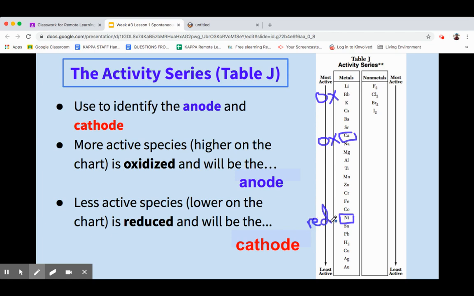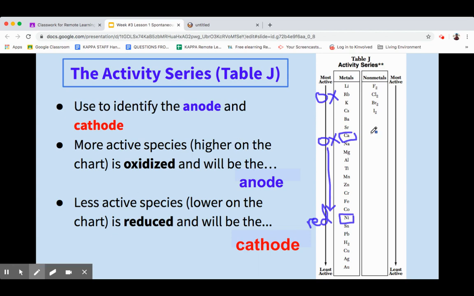One way that I find helpful to think of this is, anything that's on top of another element will be losing its electrons, and imagine the electrons falling down the chart and going to the element that's being reduced. So calcium's giving away its electrons, they're falling down the chart, and then nickel is catching them and it's being reduced.